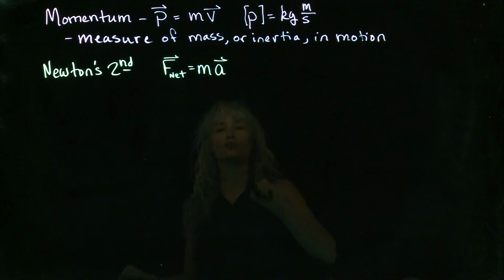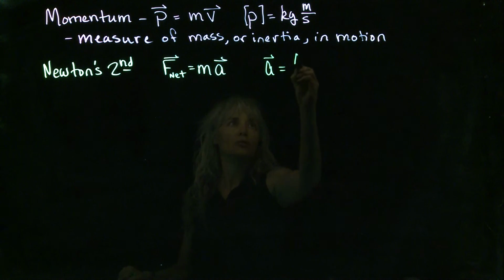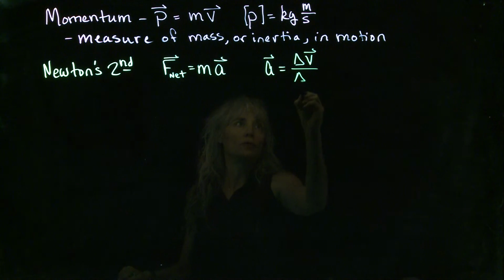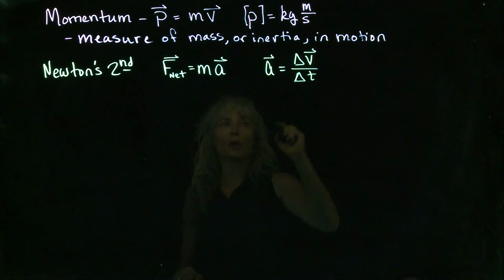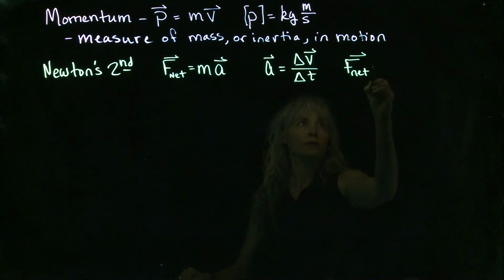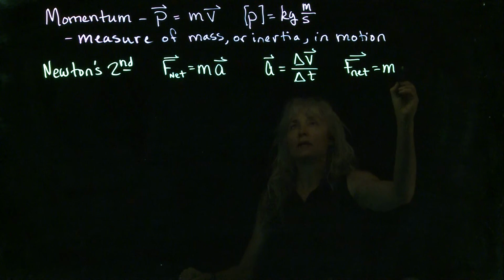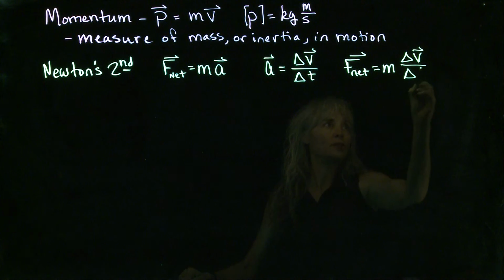Now notice that I can write acceleration from our definition back in chapters 2 and 3 as the change in velocity over the change in time. And so I'm going to go ahead and stuff that into Newton's second law. The net force then can be written as the object's mass times the change in the velocity divided by the change in time.